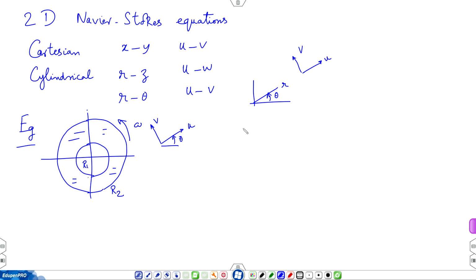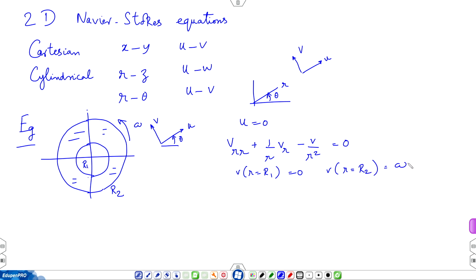So, I am writing the governing equation for v, u is 0, subject to these boundary conditions. So, it is a second order equation.